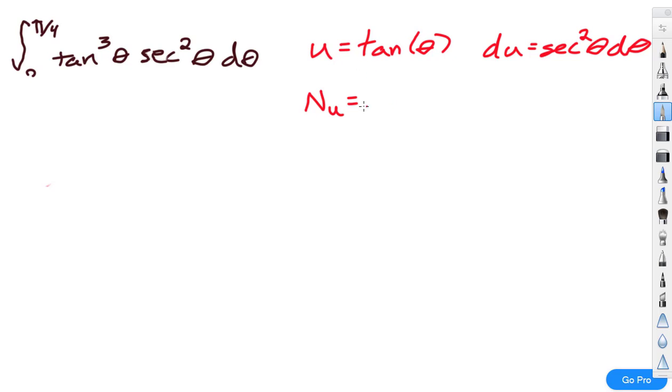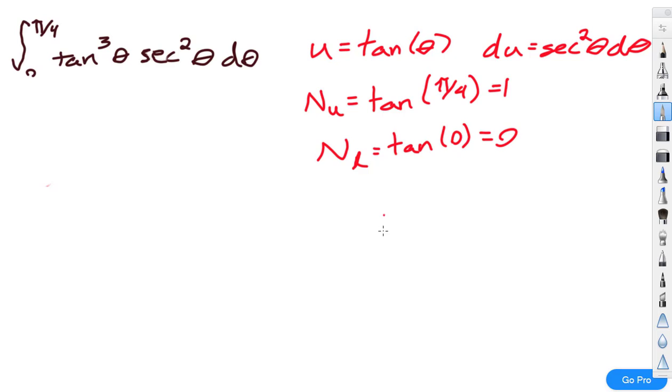So what is my new upper bound going to be? If I take tan and I plug in pi over 4, that's going to give me 1. And my new lower bound would be tan of 0, which is just 0. Wow, so I changed my bounds from 0 to pi over 4 to 0 to 1.